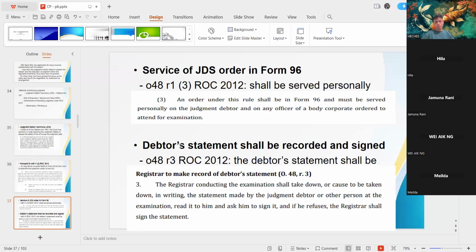And then the second thing is the service of the JDS on the judgment debtor, and also the statement of the judgment debtor. And this is the entire procedure, I would say.